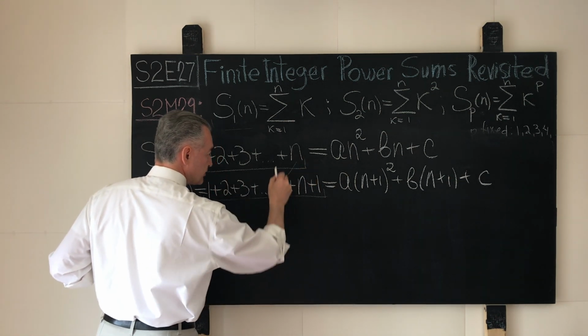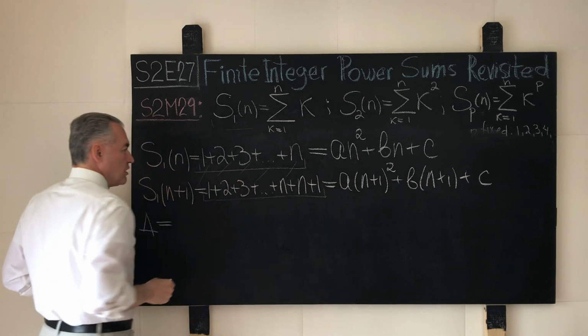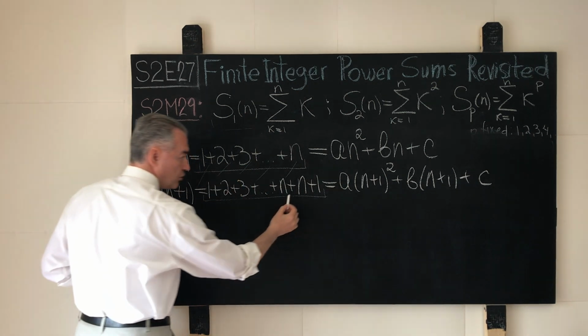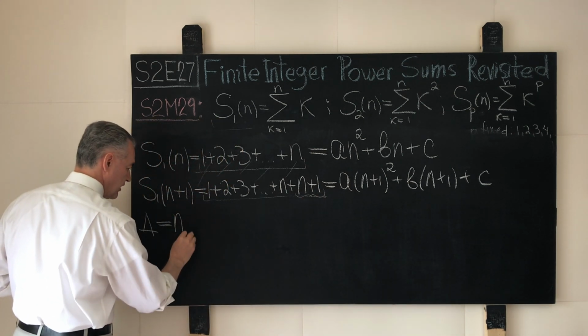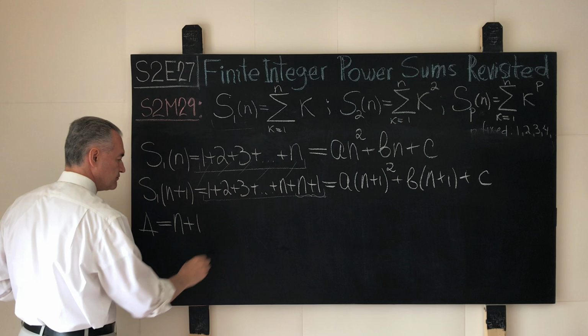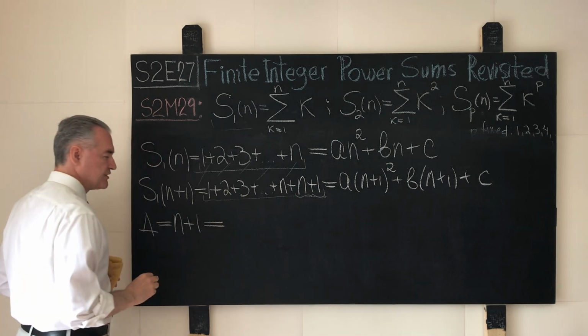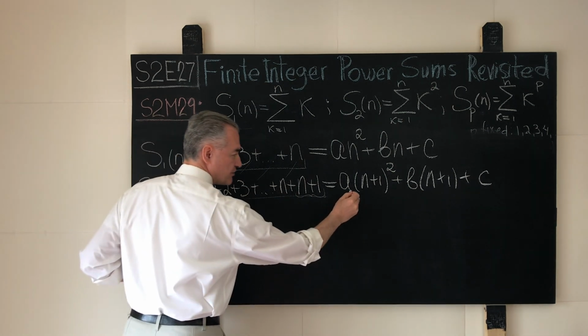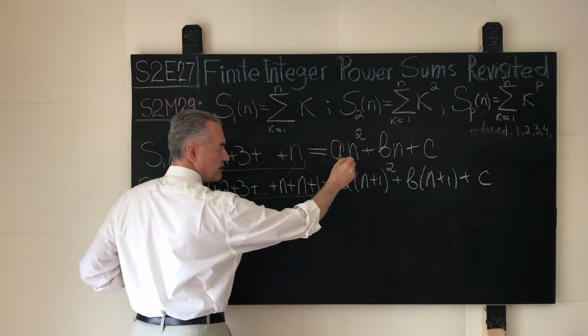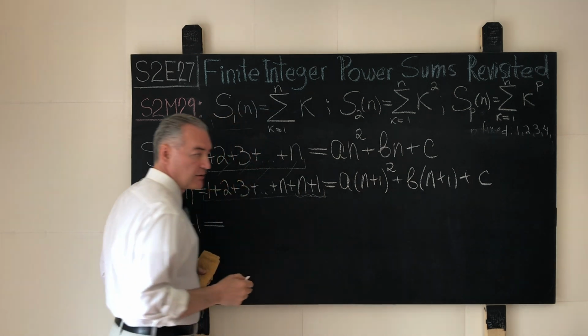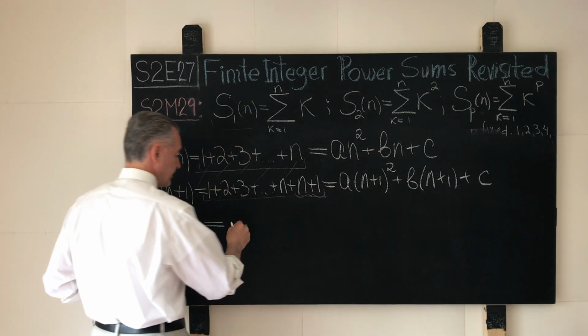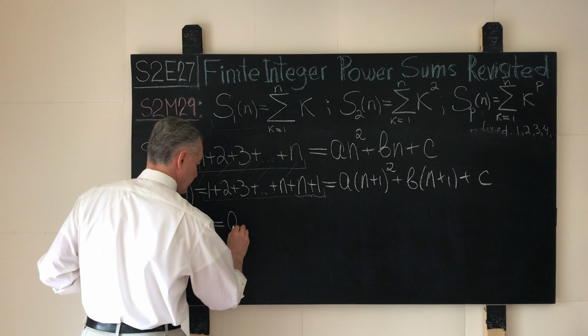So what will be the result of this difference? The only term that will survive this difference will be n plus 1. So we write down n plus 1. And what is the difference between the iterated polynomial and the original polynomial? Well, this is nothing but trivial middle school arithmetic, but let us carry it out together. So what will we have on the right hand side?